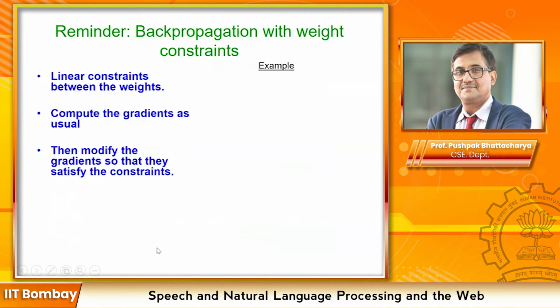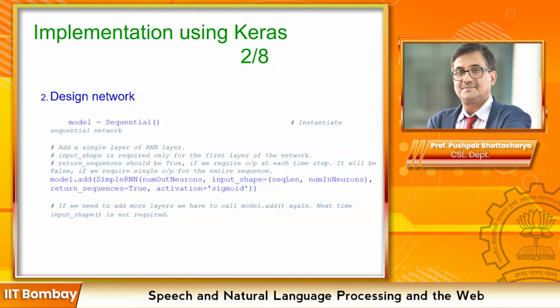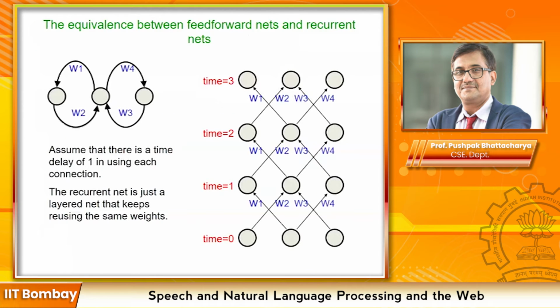Let me explain what I mean. I take this network, and after time step 3, I know what the expected output should be. I have the input available, the expected output, and the weights whose values need to be determined. How do I do it?